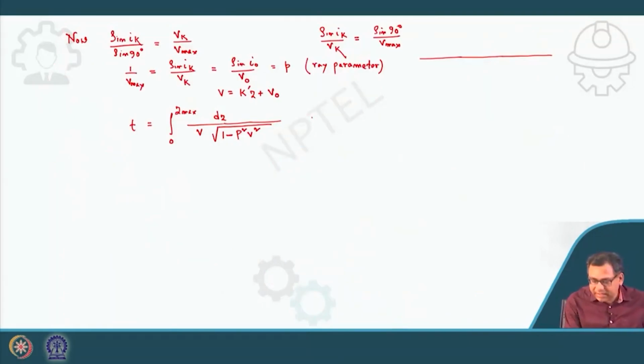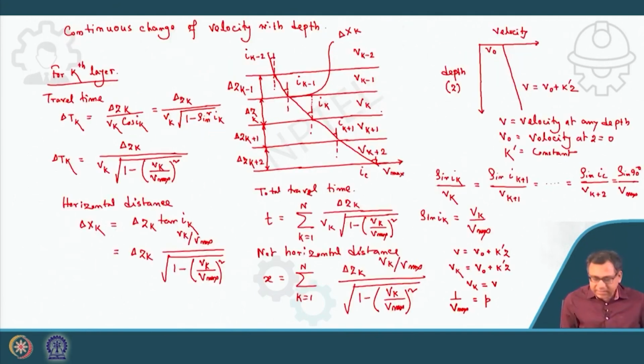Similarly, x will be the integral from 0 to z_max. Again this will be V p root over 1 minus V square p square.